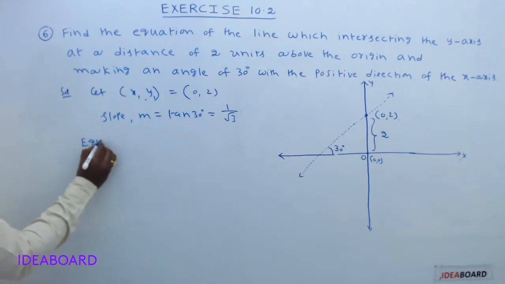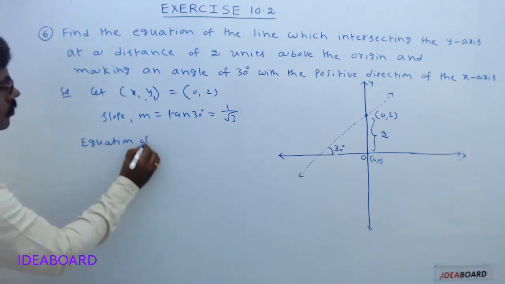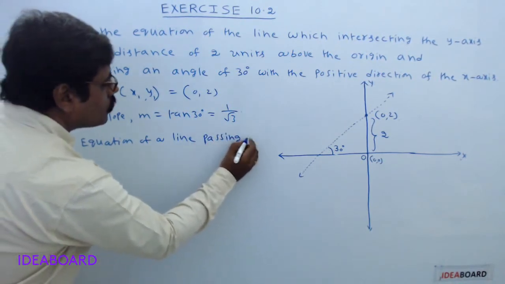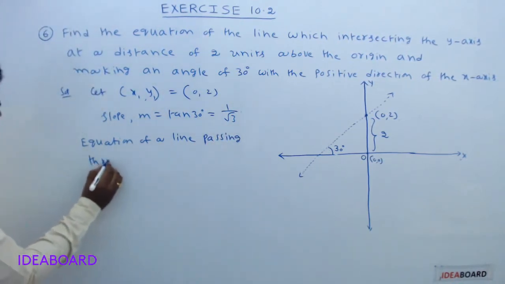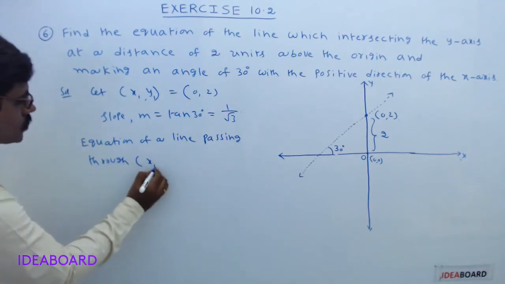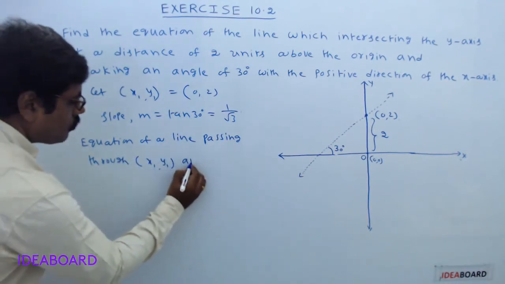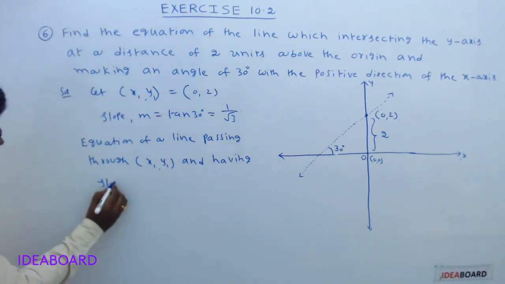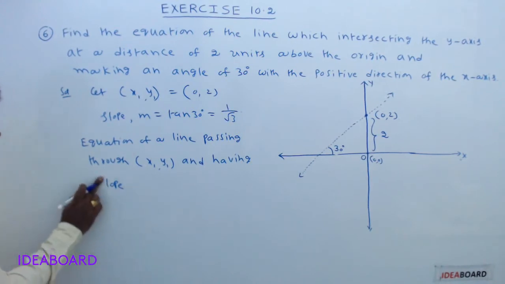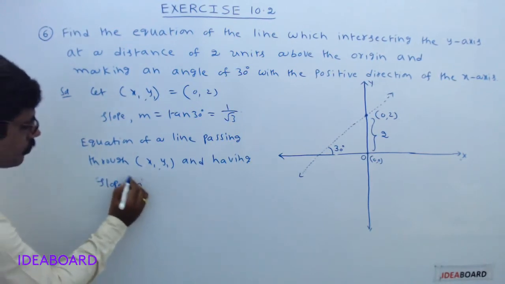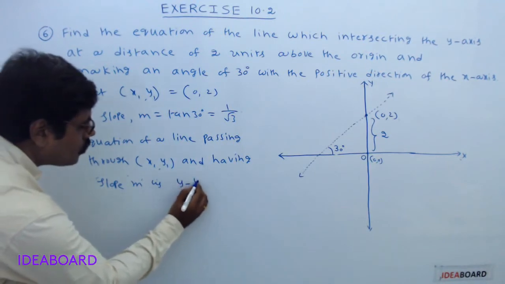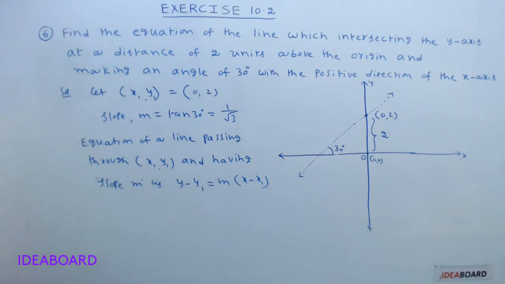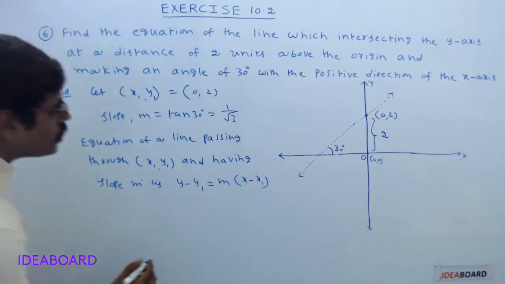So therefore the equation of a line passing through x1, y1 and having slope m is y minus y1 equals m into x minus x1. Substitute the corresponding values.